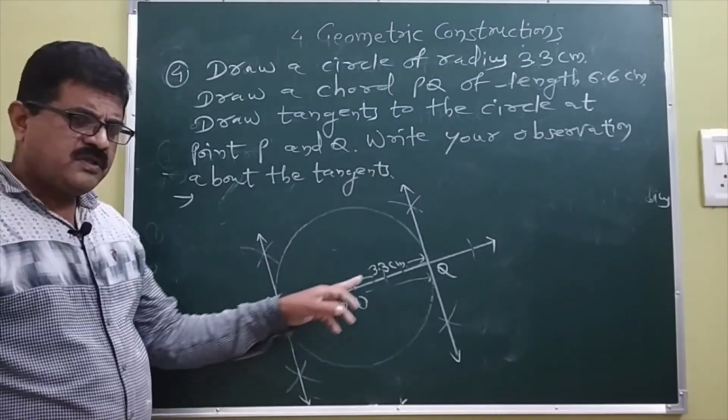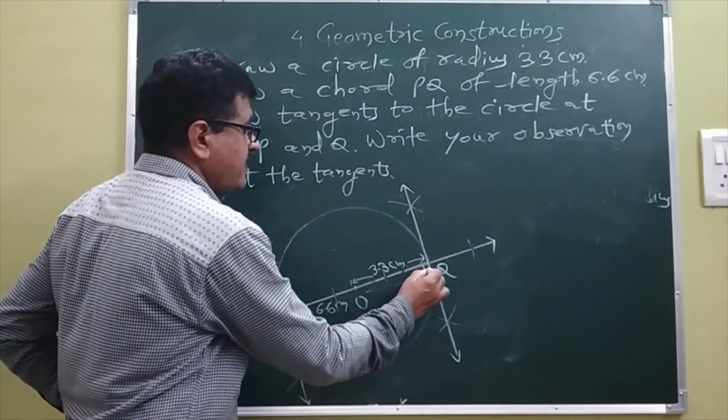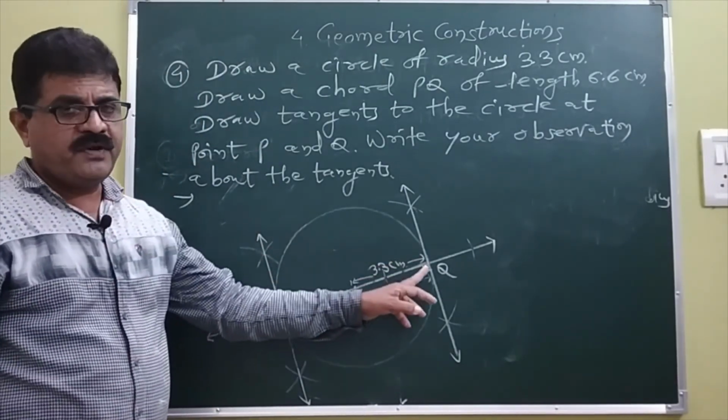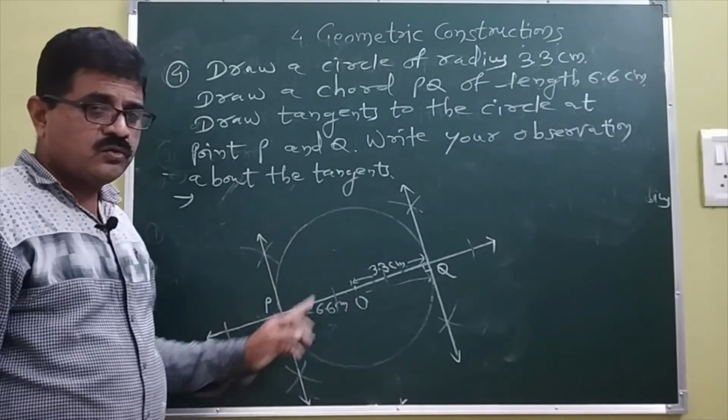Now let us see from the figure, this is a right angle. Tangents passing through points P and Q are parallel to each other.